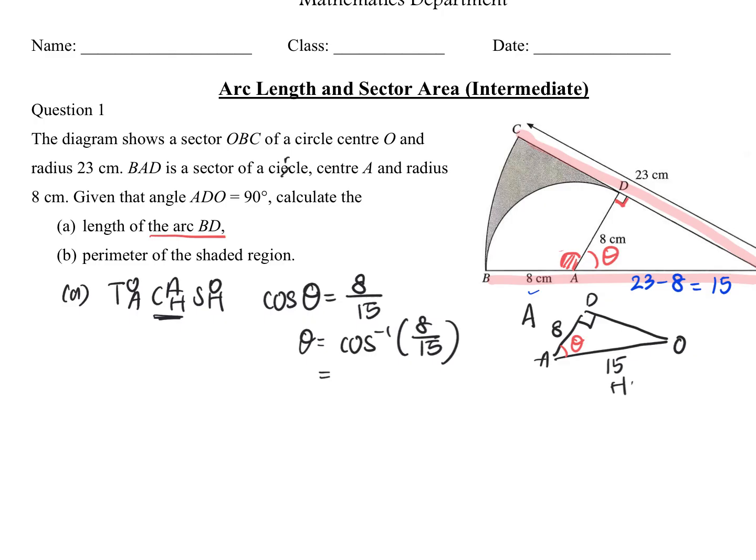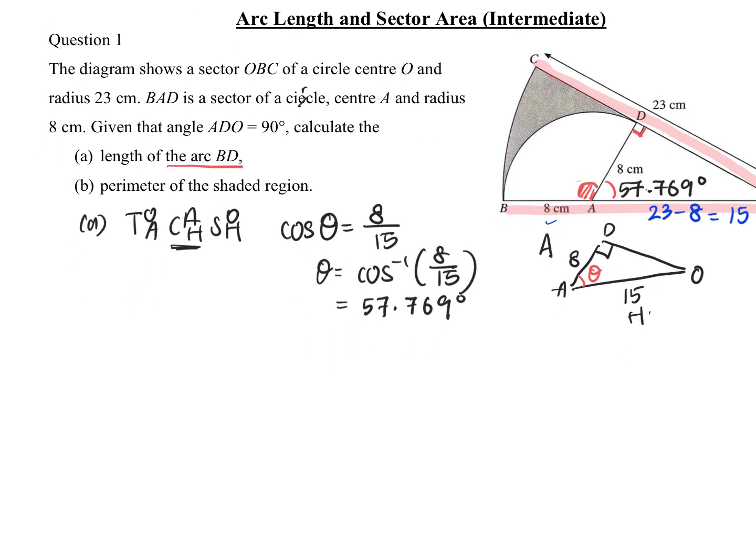That gives me the number 57.769. So this angle is 57.769 degrees. I'm not rounding off my number yet because it's not the final answer. So that means this angle over here is 57.769 degrees.